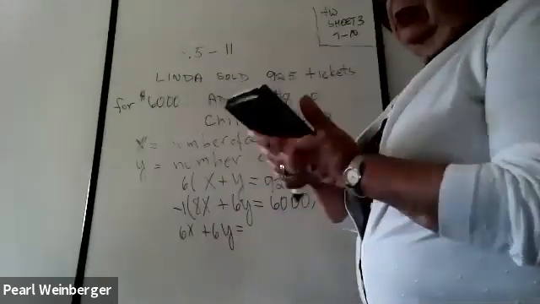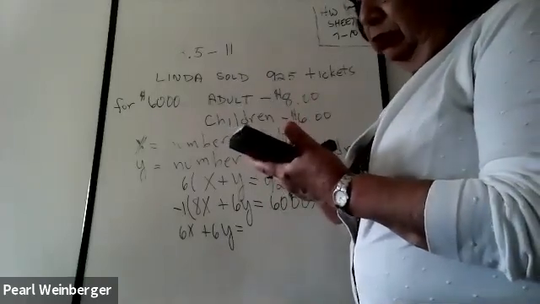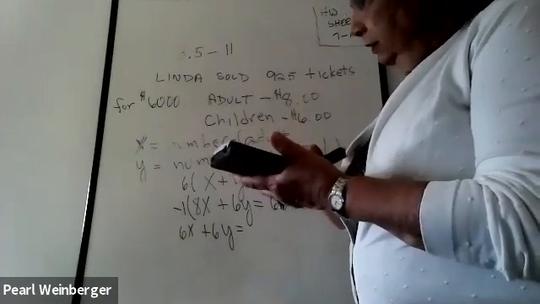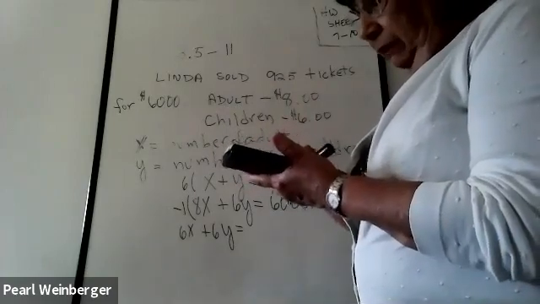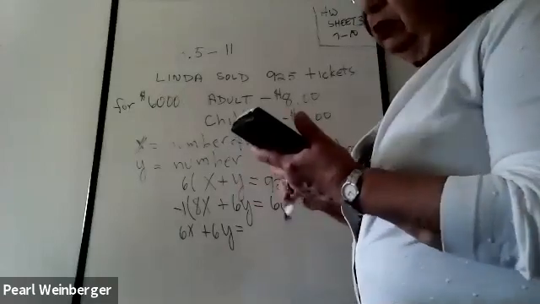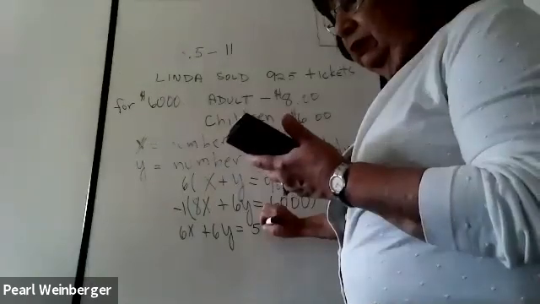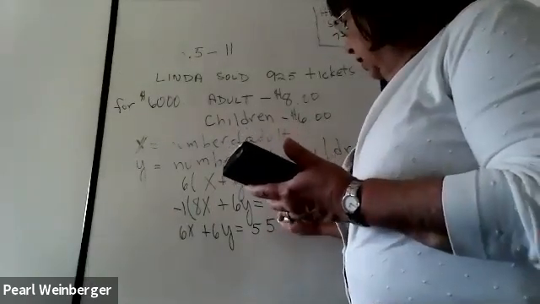I could do that on a piece of paper, but I have a calculator, so I may as well just use my calculator. 6 times 925. Remember, you are entitled to use the calculator. And that gives me 5,550.